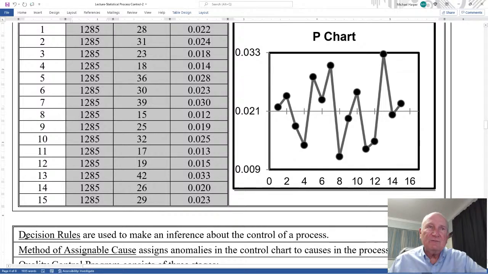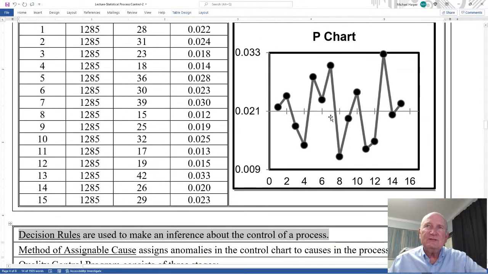Then you'll have something called decision rules, which are used to make inference about the control of a process. For example, one decision rule might say, if all the values are above the line, then we decide that we have an anomaly, and we use that as evidence to infer the process is out of control.